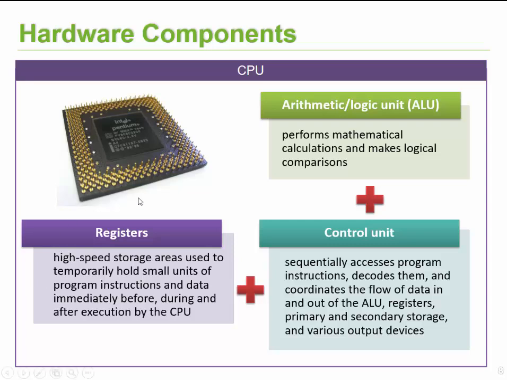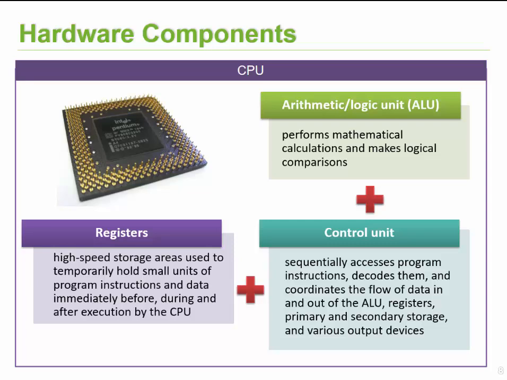Now, just for interest's sake, this is typically what a CPU looks like. It's a small, roughly 5 centimeters by 5 centimeters component that would be slotted into the motherboard, which will do all the processing of your computer. So these three units are contained within your CPU.